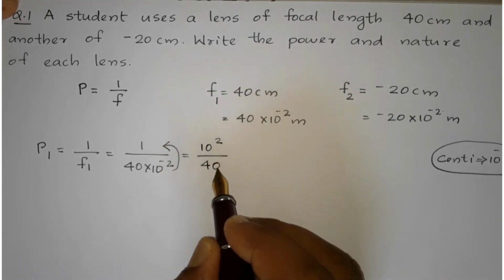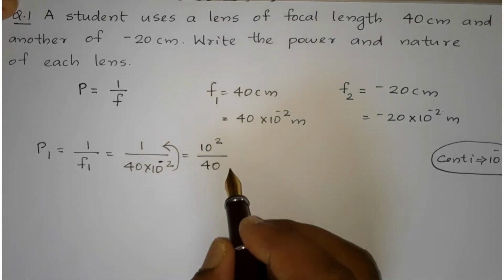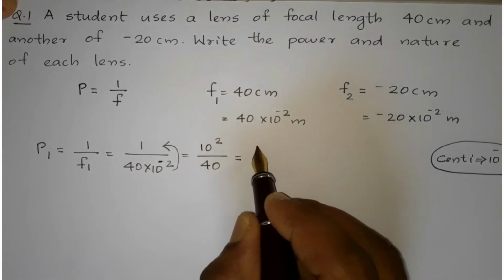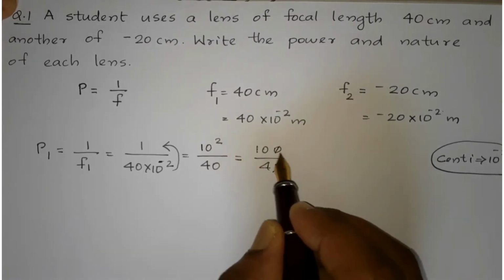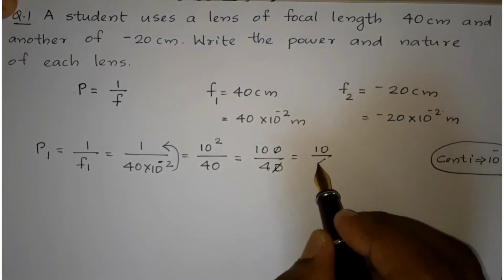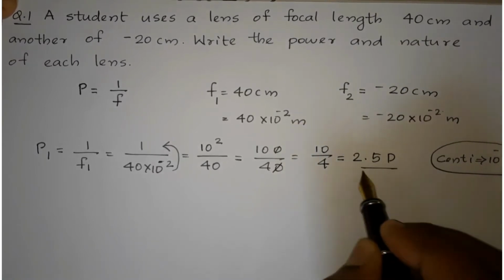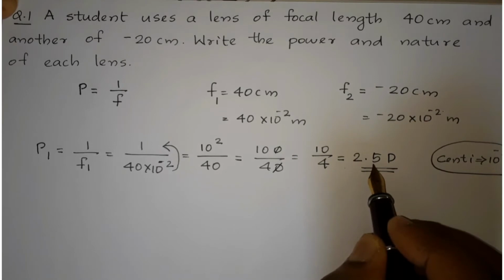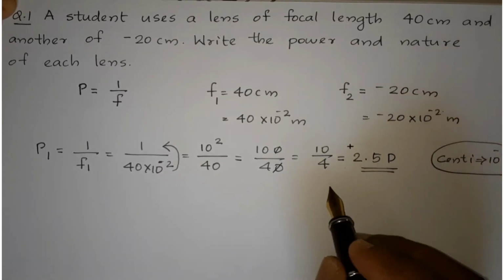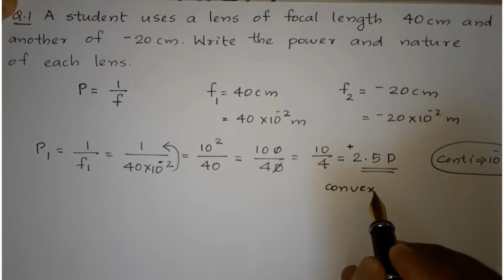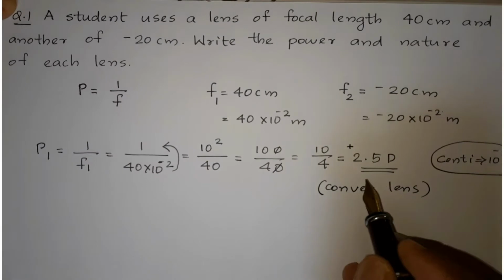So this will become like this. 10 raised to minus 2 goes to the upper part. 10 square by 40 means 100 by 40. Okay, so we will get 10 by 4, that is 2.5 diopter. See, here this 2.5 is positive. What does that mean? This is a convex lens. Convex lens because power is positive.